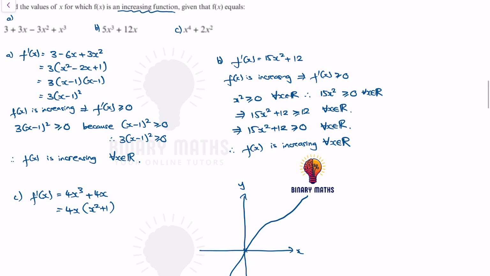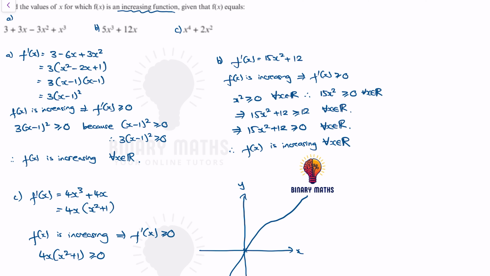So if f of x is increasing, it implies f dash of x is greater than or equal to 0. So when is this graph greater than or equal to 0? So when is 4x times x squared plus 1 greater than or equal to 0?